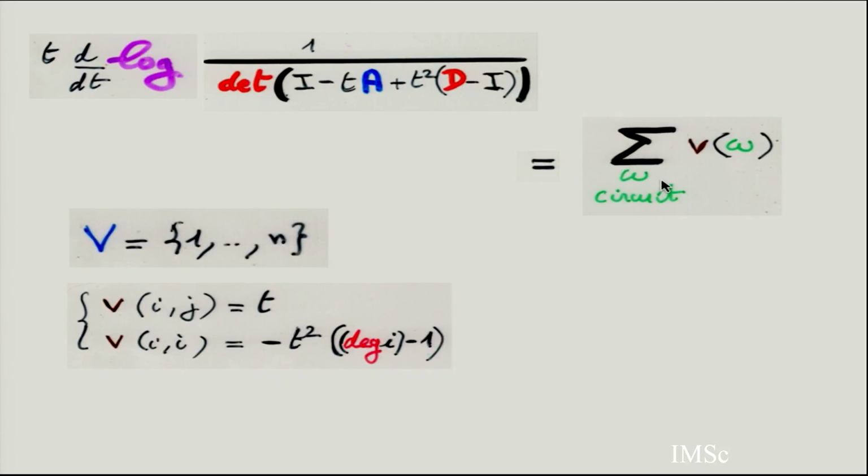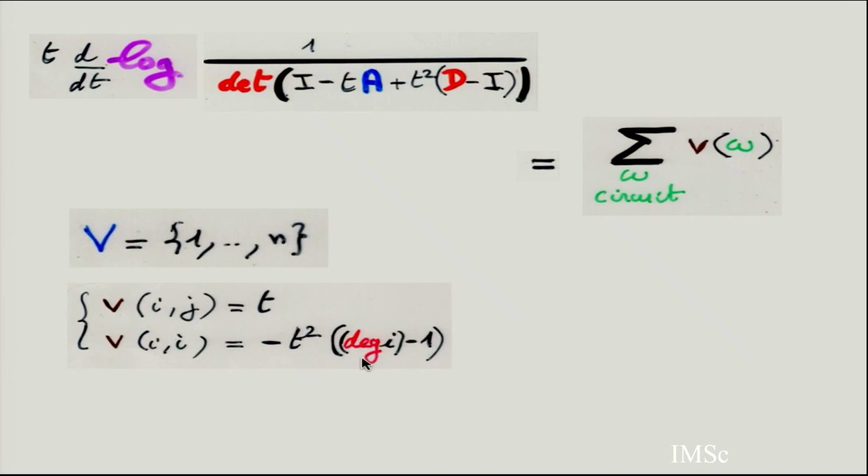It's a regular path with the adjacency matrix A, but sometimes I am allowing some loops. I should say at the beginning that the graph G has no loops, but now in my path I am allowing some loops, and the loops are weighted by minus t squared multiplied by a number which is the degree of the vertex minus 1.